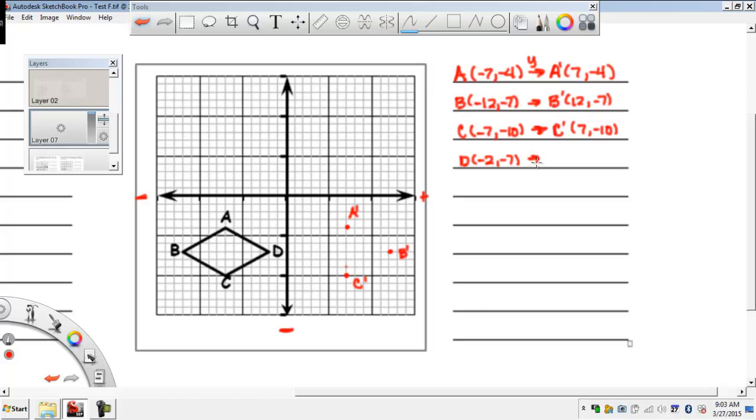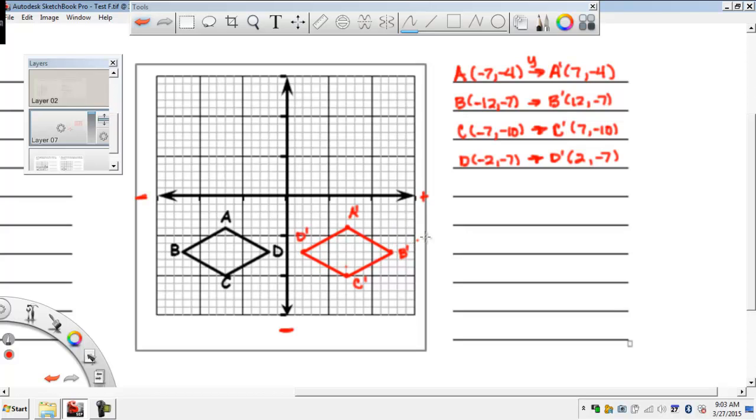And then when it moves across the y-axis, it will become D prime and will be at 2 and a negative 7. I'll draw in my lines and connect my points, and now you can see that I have the mirror image that I should have.